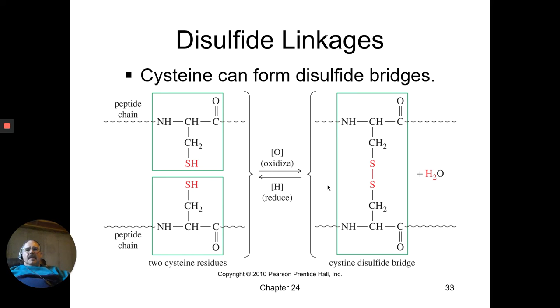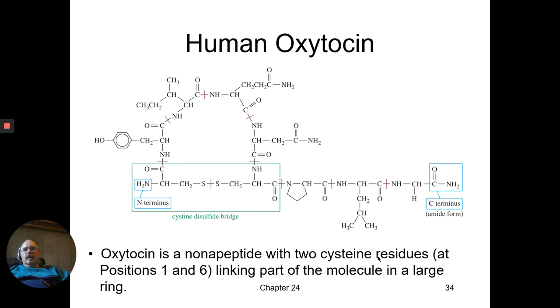Many peptides contain disulfide bridges, and formation and breaking of the disulfide bonds is reversible. This is an important feature in the structure of many proteins. Okay, here's human oxytocin, and you can see it has a disulfide bridge here.